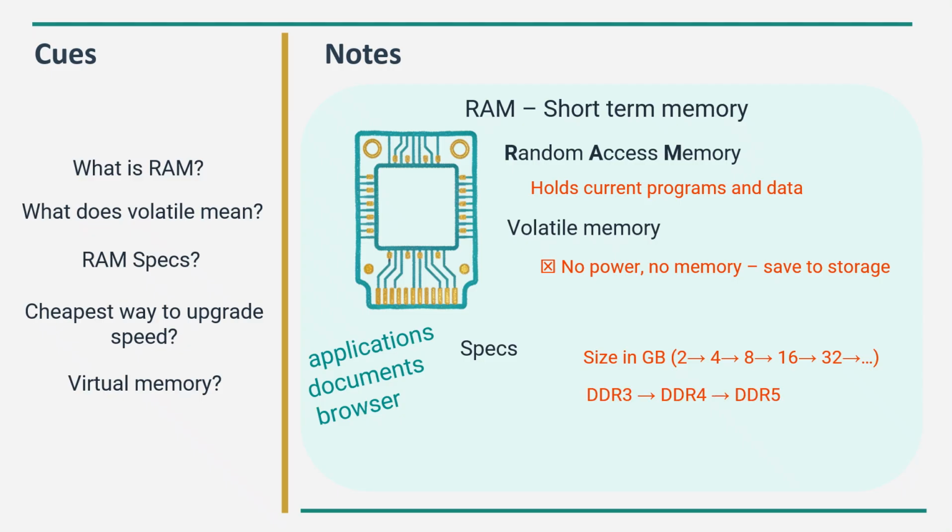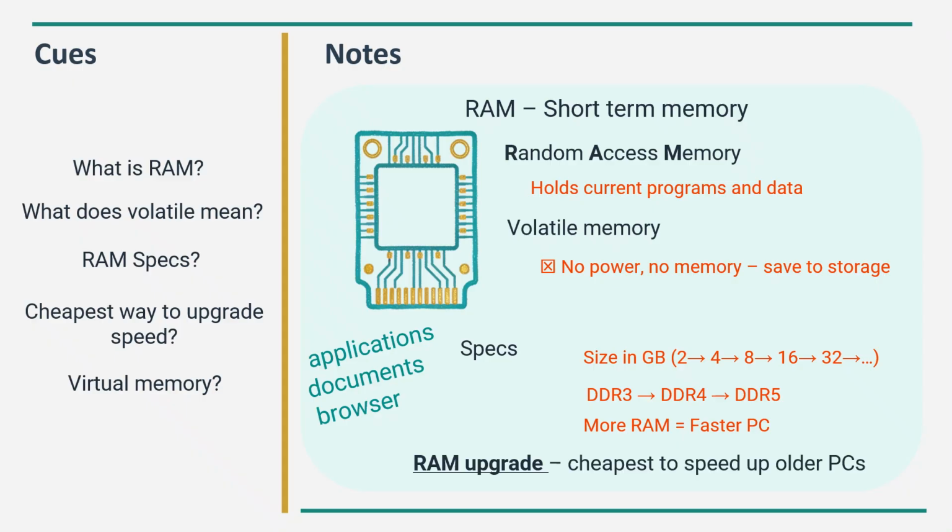Then DDR3, DDR4, DDR5 are examples of the speed of the RAM. Upgrading your RAM is also the fastest and easiest way to upgrade an old PC. And if the RAM gets too full, the operating system can use a part of the storage as virtual memory. It pretends storage is extra RAM, but it is much slower.